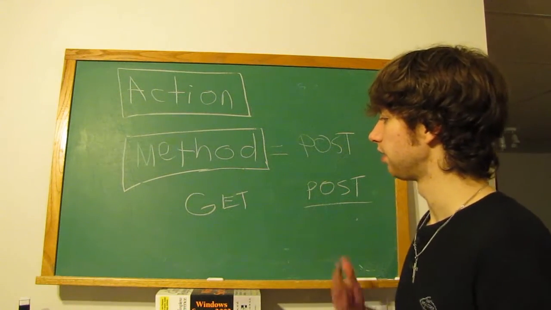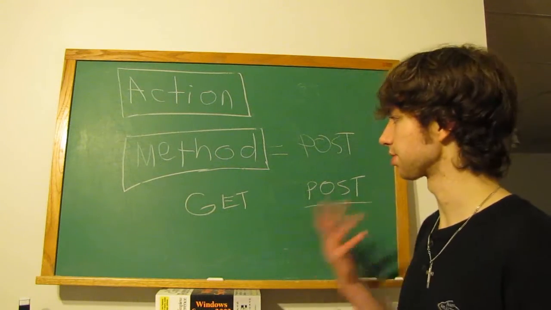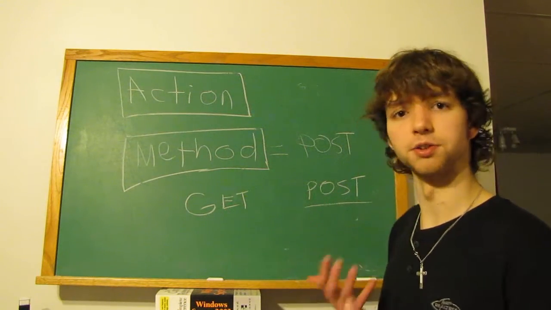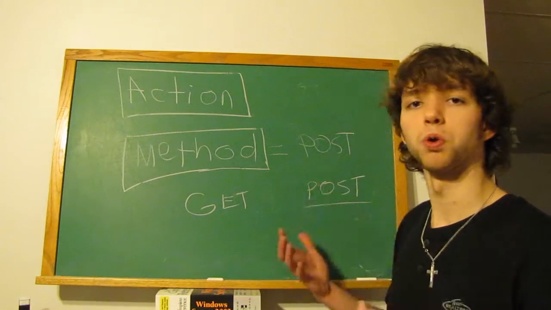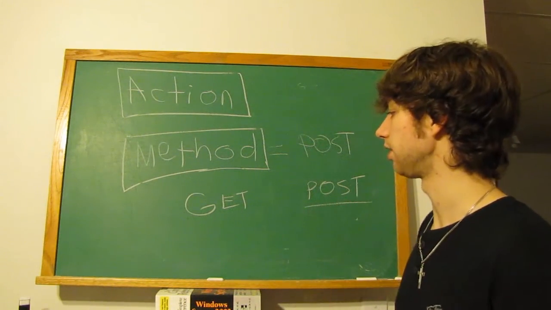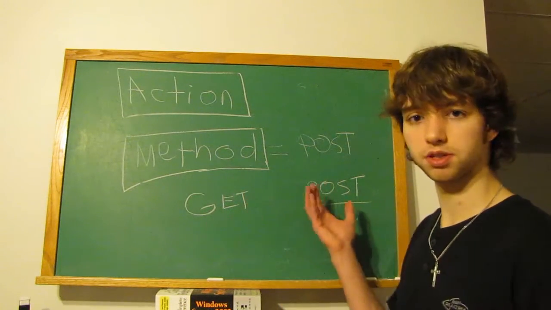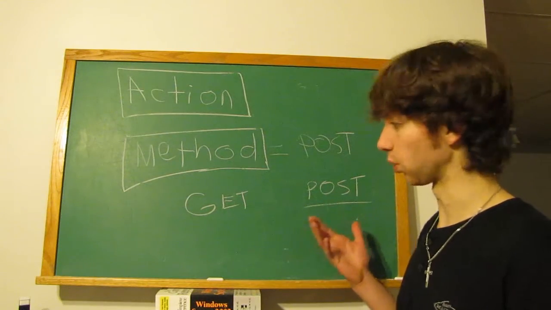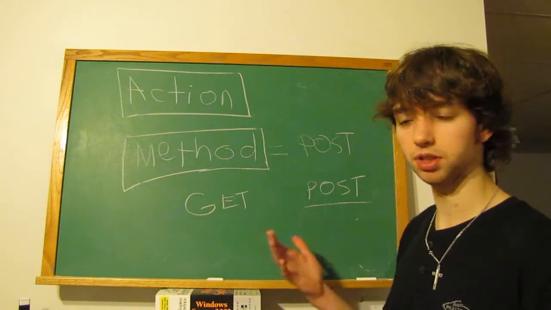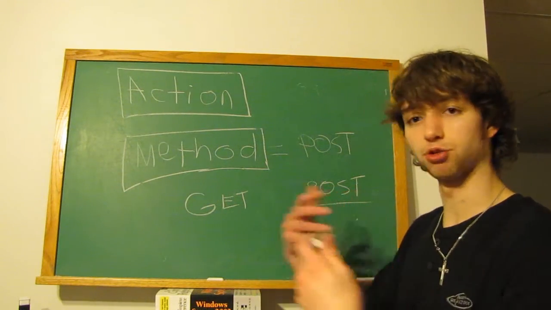And when I first started learning PHP, this was the most confusing thing because I didn't understand why you have to have get and post. Don't worry about it too much. All you really need to think about is there's two types, get and post. Post is used for secure things. The only time get's really used is when we are retrieving information.